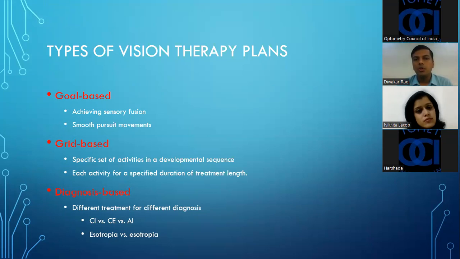Diagnostic-based plans are based on differential diagnostic treatments. Each case is considered separately, for example convergence insufficiency or convergence excess, compared to accommodative insufficiency or esophoria or esotropia. So we have different diagnostic-based plans.